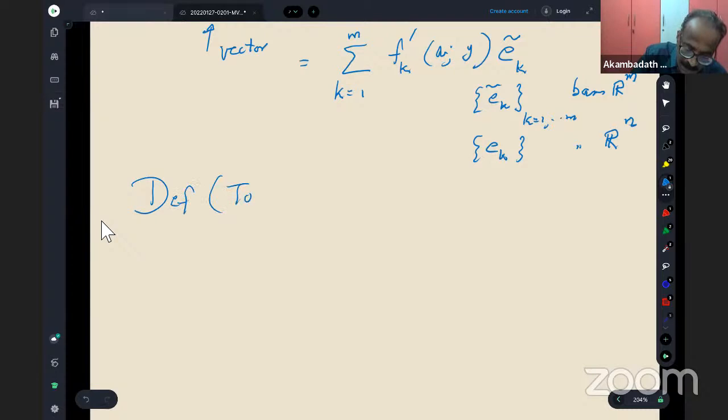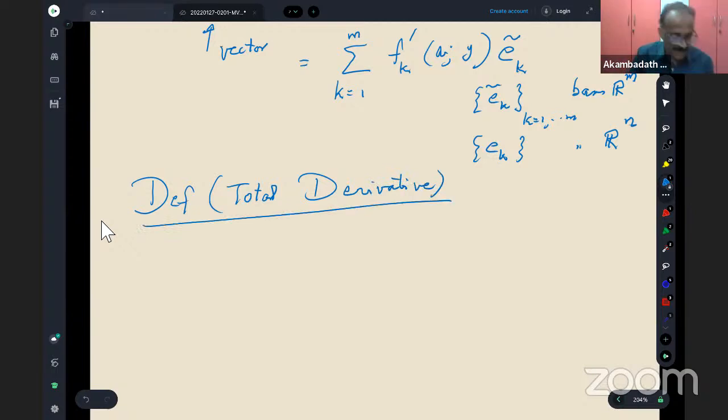Total derivative. Again, the definition is similar. Only thing is that the linear transformation you have to take as the right thing.